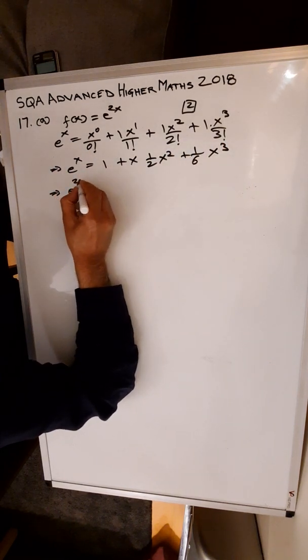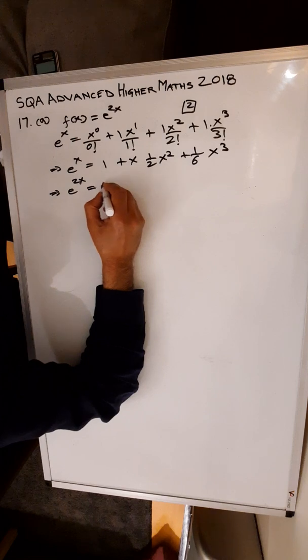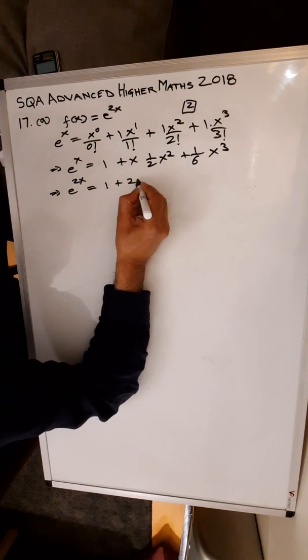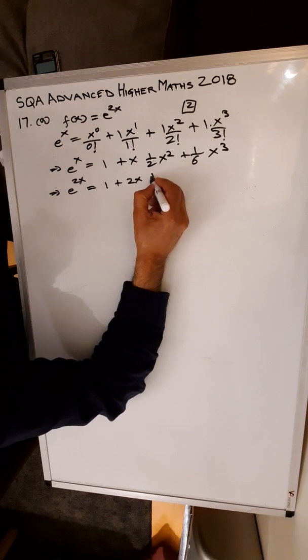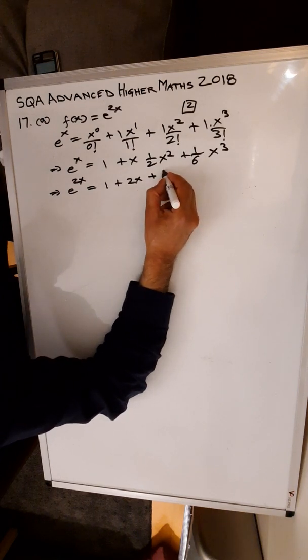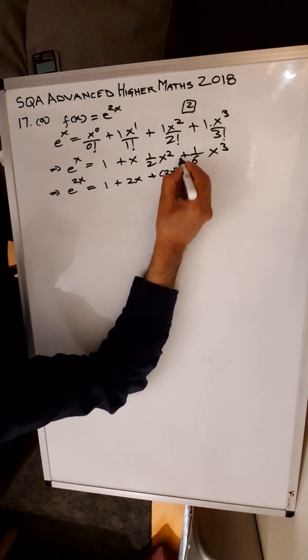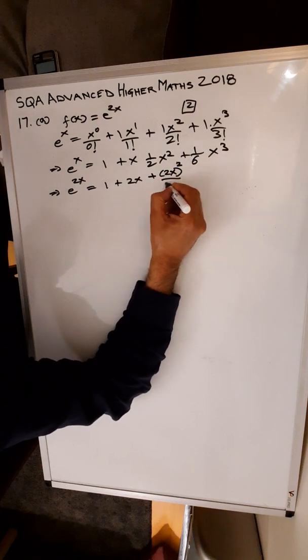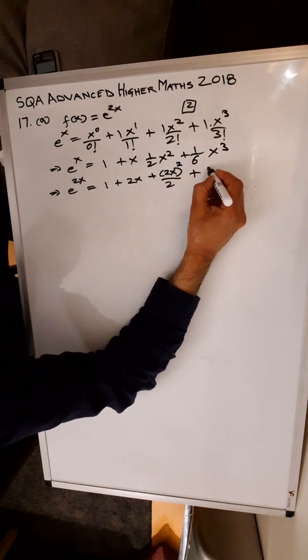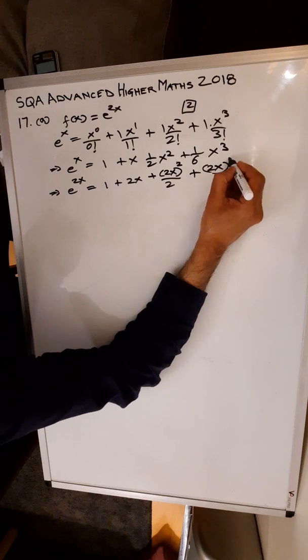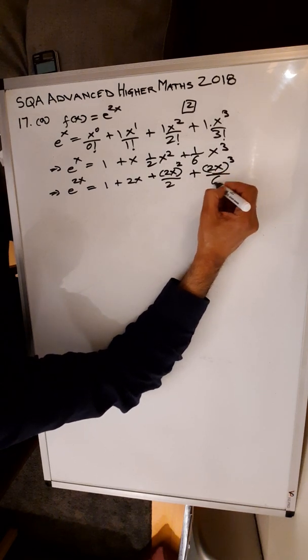that e to the 2x is equal to, just replace the x's by 2x, 1 plus 2x plus 2x squared over 2 plus 2x cubed over 6.